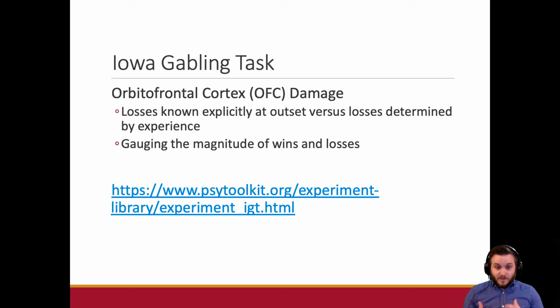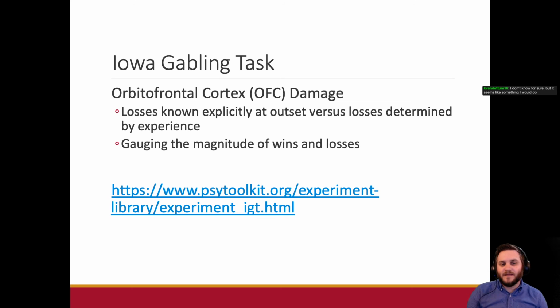Once you have that pattern and what you should choose, then you can start gaining as much money as possible, right? You can just go boom, boom, boom, I'm doing super great. People with OFC damage, however, cannot determine the pattern.